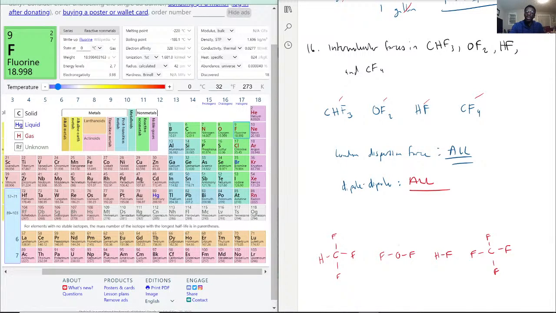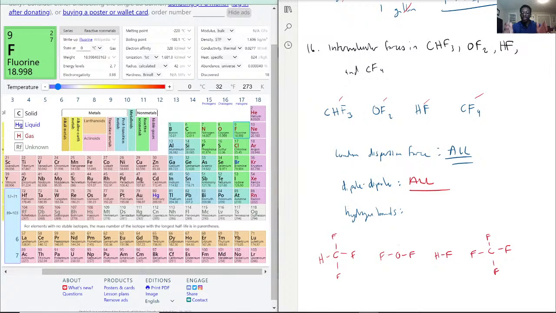Now the next one we're talking about is ionic. We're just going to skip here. Actually, not yet. We're talking about hydrogen bonds. And there are only 3 types: nitrogen attached to hydrogen directly, oxygen attached to hydrogen directly, or fluorine attached to hydrogen directly.